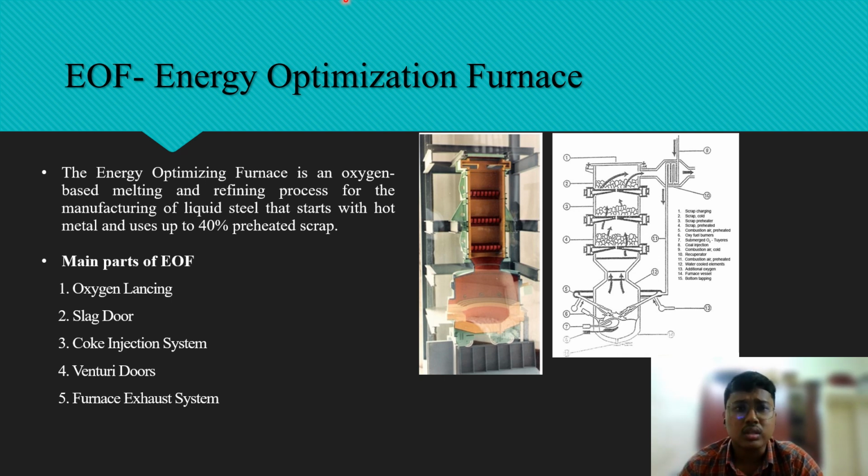This unique scrap preheating process has a 25-year history of success. The EOF works with combined oxygen in an initial stage blown into the furnace containing the hot metal, where the preheating of the scrap takes place and the fluxes are sent inside for the slag formation.